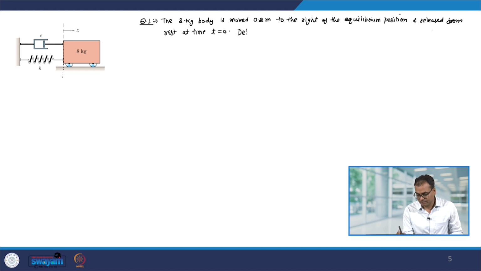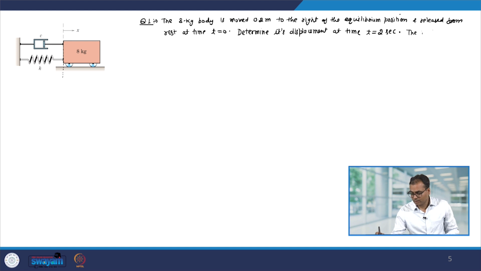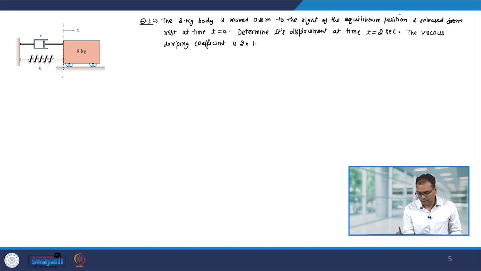Determine its displacement at time t equal to 2 second, and it is given that the viscous damping coefficient is 20 Newton second per meter and the spring stiffness k is 32 Newton per meter.